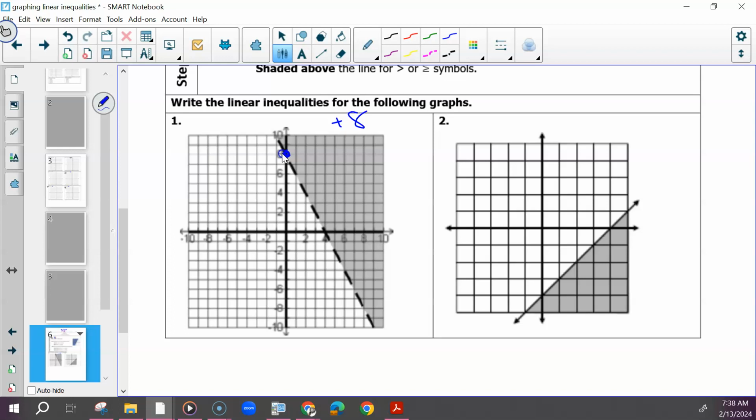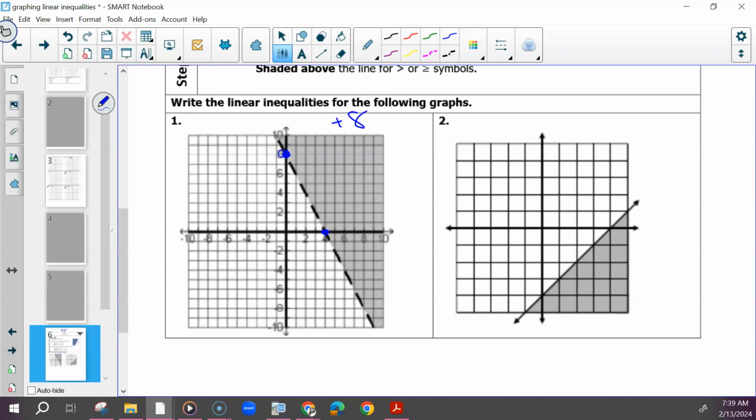So find an ordered pair that the line would have gone through. So that would be inside, but I need it on this side. Maybe 4, 0.